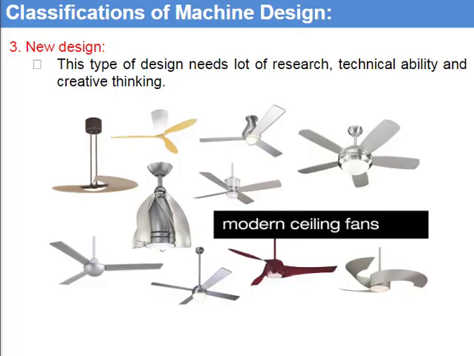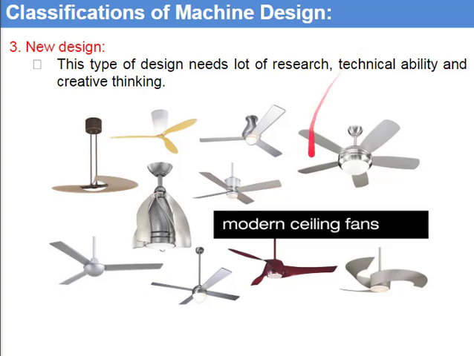The next classification of machine design is new design. This type of design needs a lot of research, technical ability and creative thinking. Only those designers who have personal qualities of a sufficiently high order can take up the work of a new design.